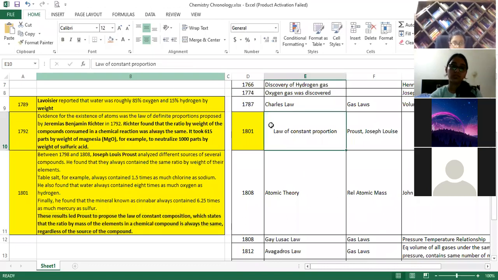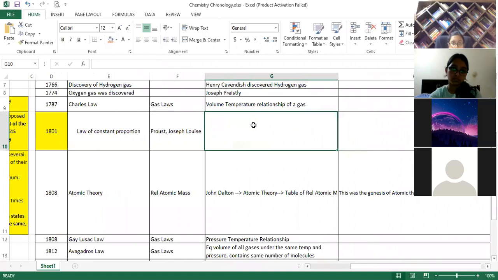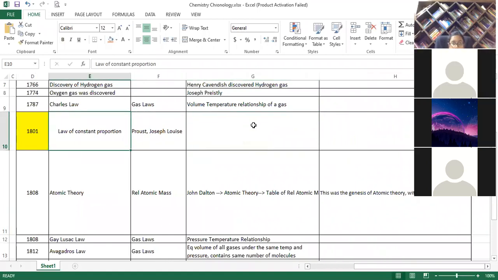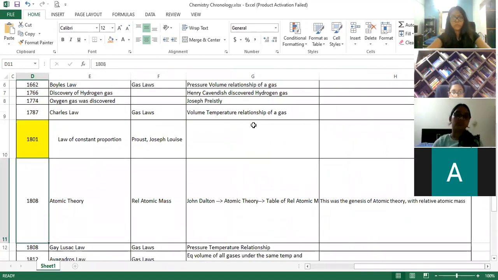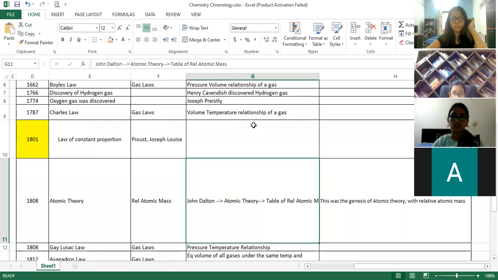So therein we come to the law of constant proportion we have understood. So now what happened with all these facts put together, the atomic theory was proposed by our Dalton brother, where he said the atoms are indivisible and they combine with each other.